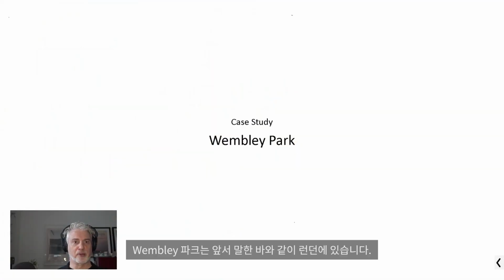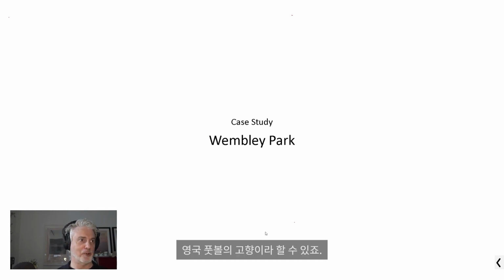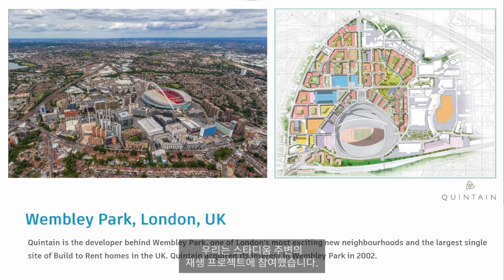Okay, so Wembley Park is, as I mentioned before, in London. It is the home of British football, but we have been involved in the regeneration project that sits around the stadium itself.